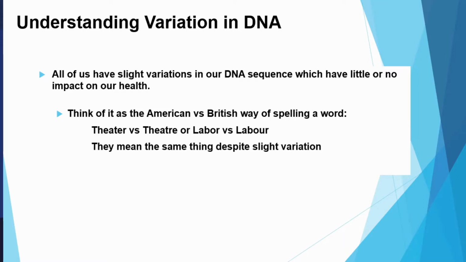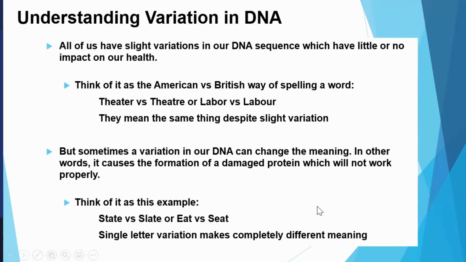They mean the same thing despite the slight variation in how it's spelled. We can also have variations that change the meaning of our words. The example there is to take the word state and make it slate. One letter change, but a very big difference in the meaning of the word. Or eat versus seat. Again, one letter inserted, very different meaning.